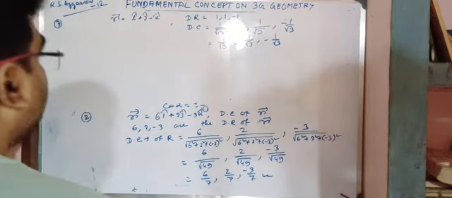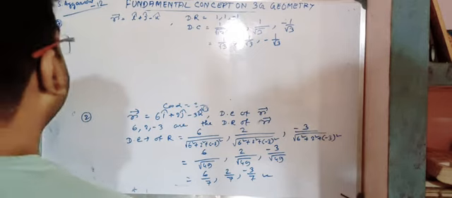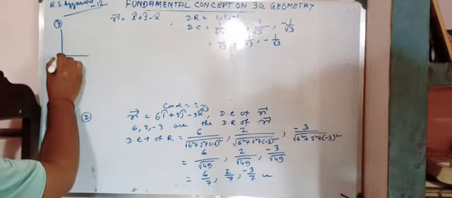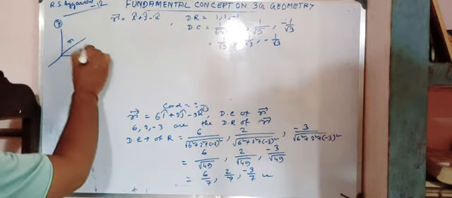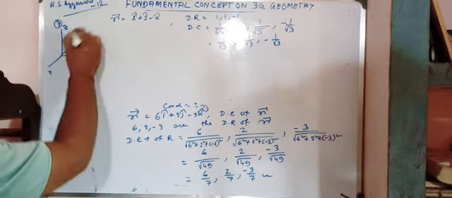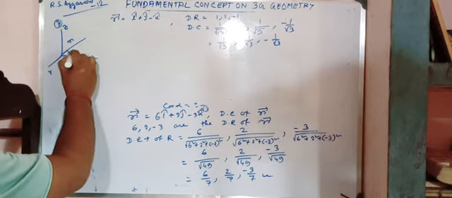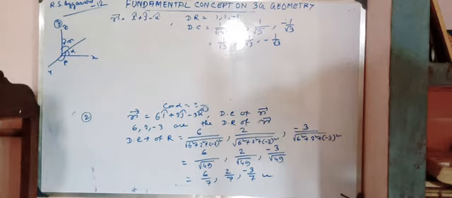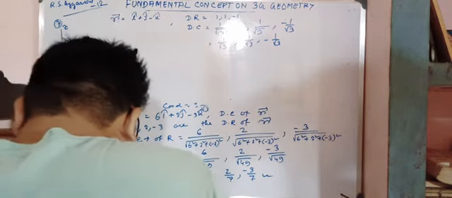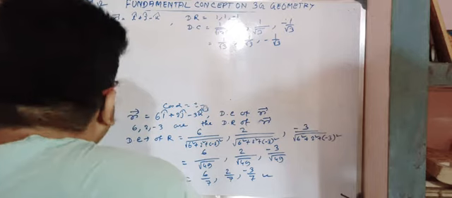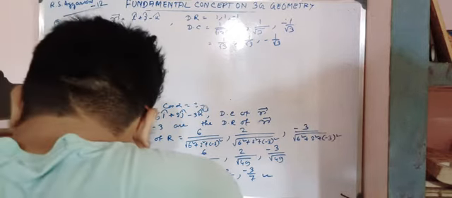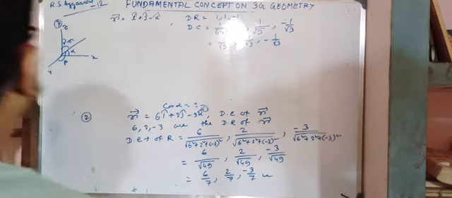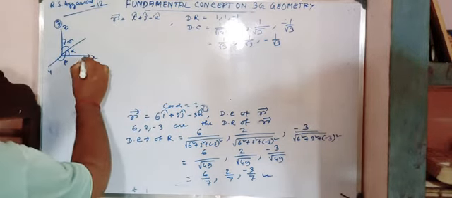Now if we take that this r makes, this is my r, this is x, y, z, this is alpha, this is beta and this is gamma. Now if this r makes alpha, beta, gamma angle with the x axis, y axis and z axis, then the direction cosine of the x axis is a straight line.